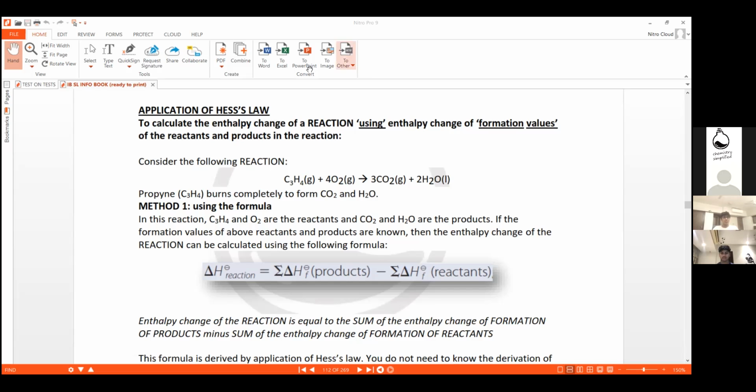All right, let's begin. We'll just have a quick recap of what we did last time, and then we'll proceed. So we learned Hess's law and the application of Hess's law.